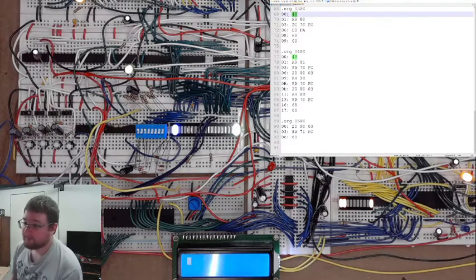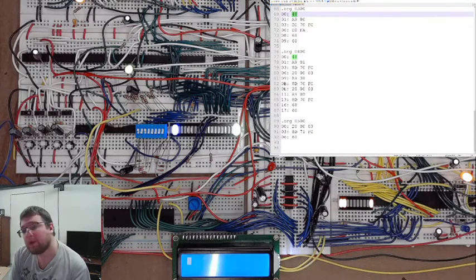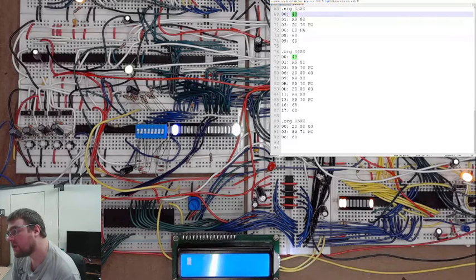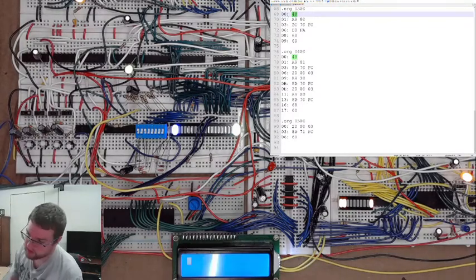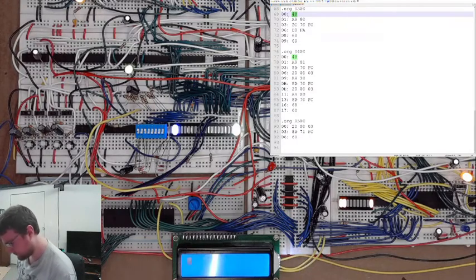I mean, I can go back and fix it, but I need to know why we're rewriting everything when I'm clocking it with the other clock. Why are things getting written where they're not supposed to?